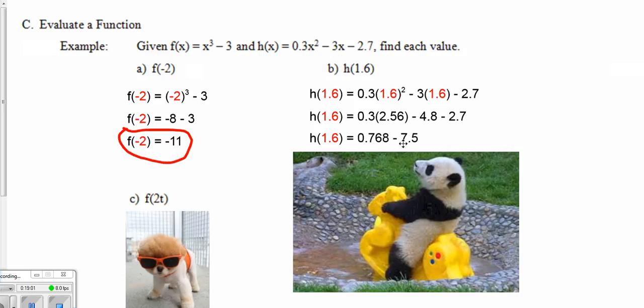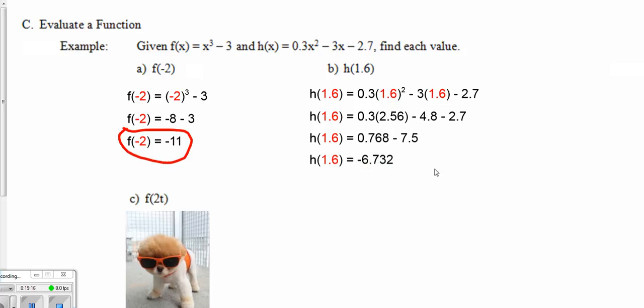I'm going to multiply this 0.3 times 2.56 and get 0.768. So 0.768 minus 7.5 is negative 6.732. So that would be how to evaluate that function.